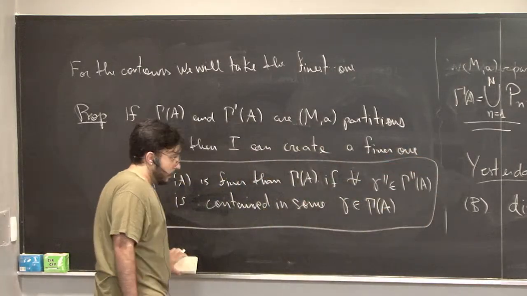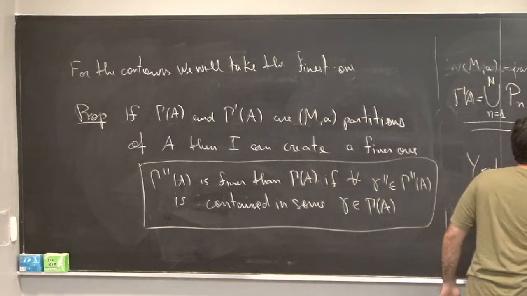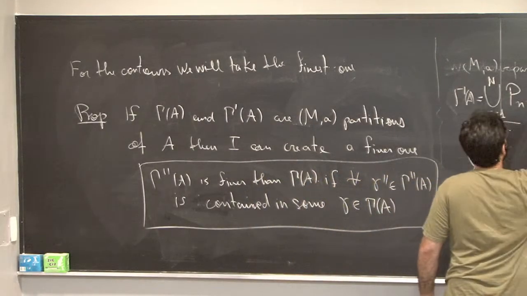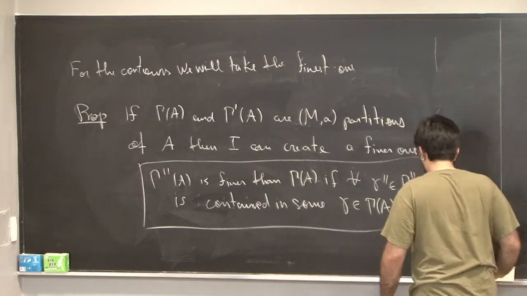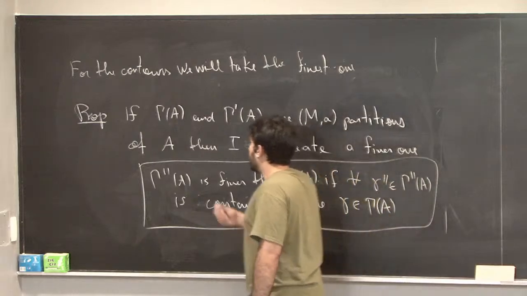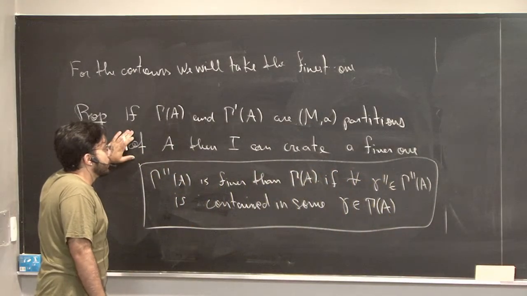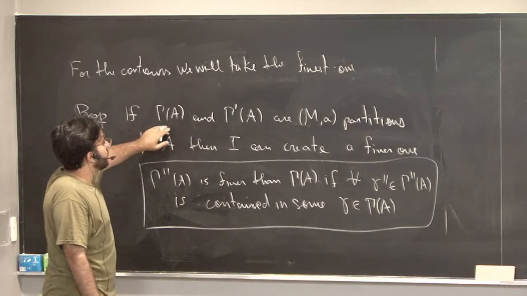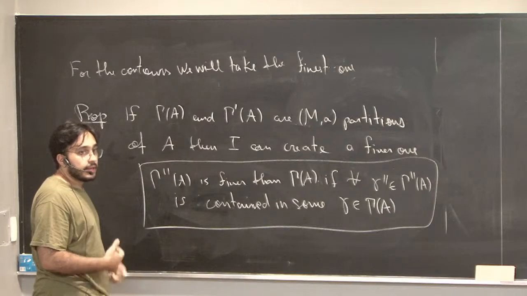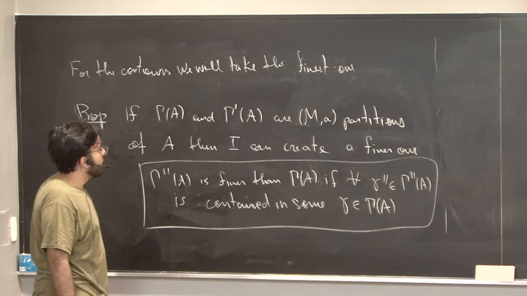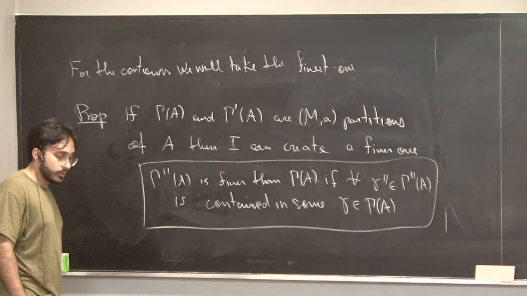Okay? So what we need to do is to show the following. If I can show that given any two MA partitions, I can create a finer one, then I can define the finest one as the intersection of all MA partitions. Okay?